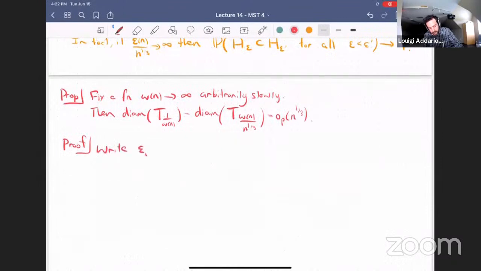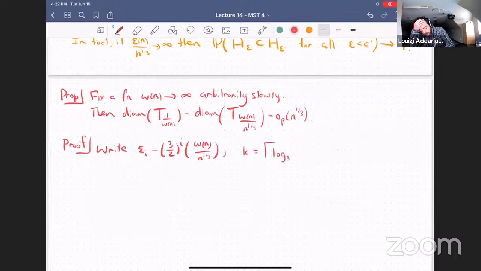So let epsilon I be 3/2 to the I times the starting value omega n over n to the third. And how many steps do we need? Well, log base 3/2 of n to the third over omega squared, because that's the ratio of these two terms.